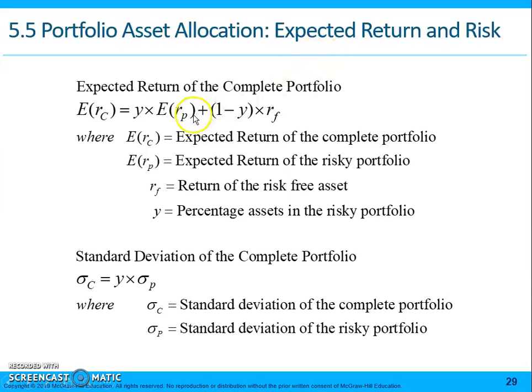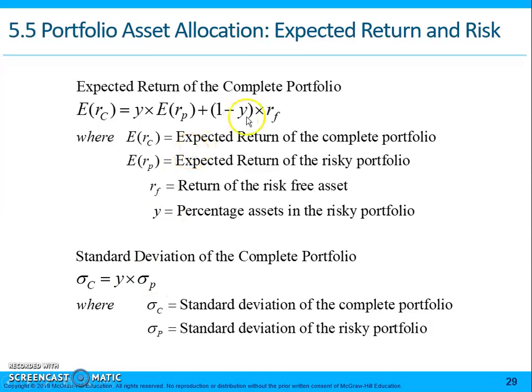So again, R sub C is the expected return on the complete portfolio. R sub P is the expected return on the risky portfolio. R_F is the risk-free asset. Y is the percentage of assets in the risky portfolio. And then the standard deviation of the complete portfolio is simply the weight, or the percentage of assets in the risky portfolio, multiplied by that standard deviation.